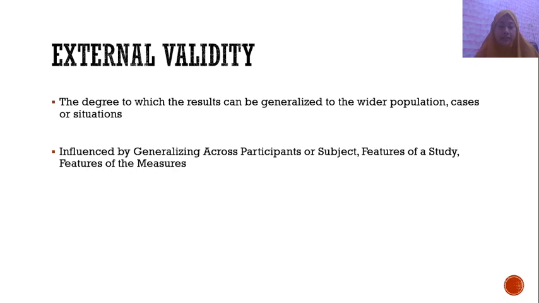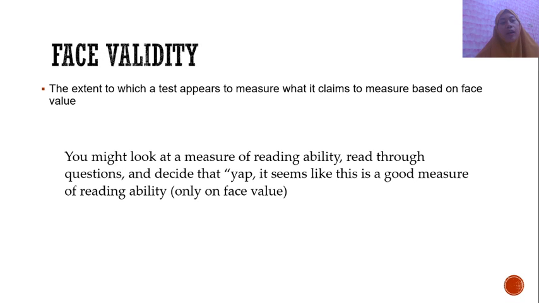Any factor that limits the ability to generalize the results of a research study is a threat to external validity. Those threats are related to generalizing across participants or subjects, features of a study, and features of the measures.